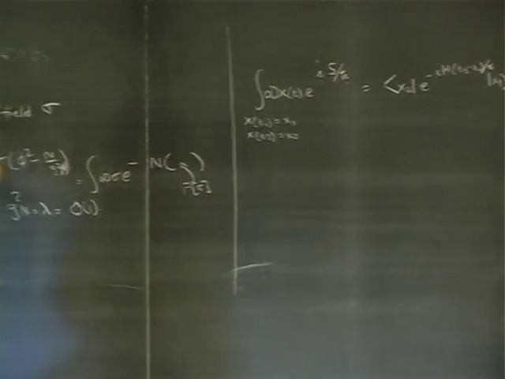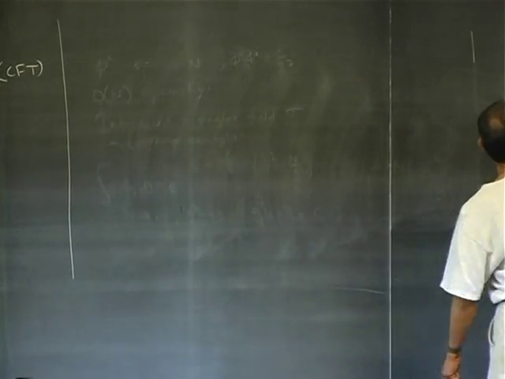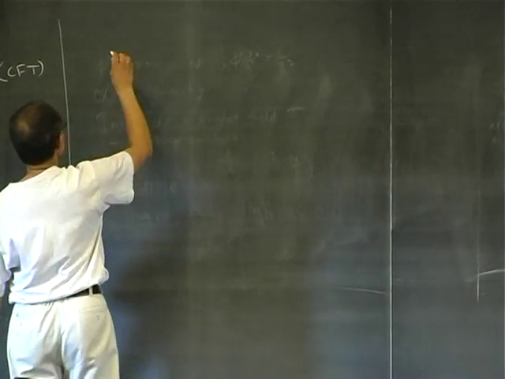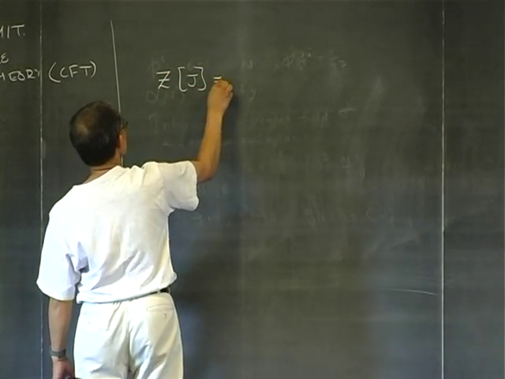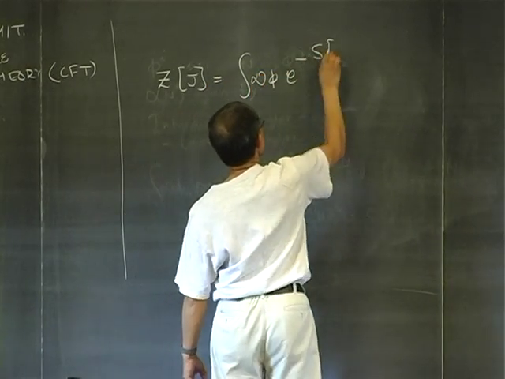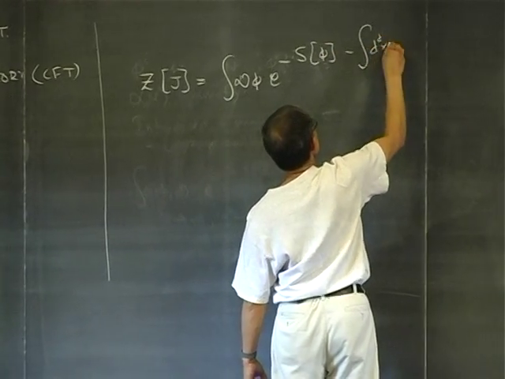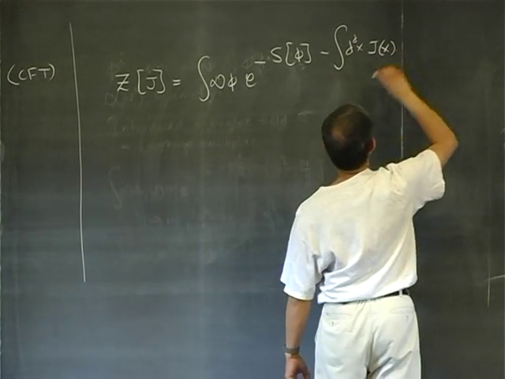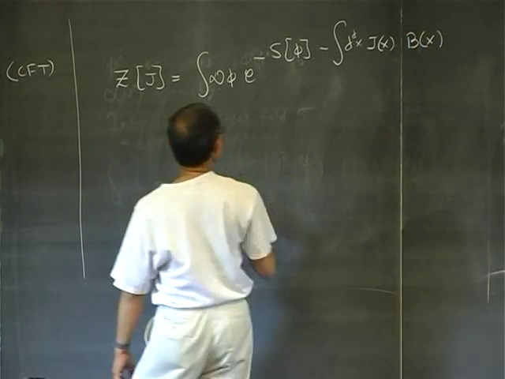So let us take some general large N theory, and let's compute the generating functional for correlators of operators which are B of x.